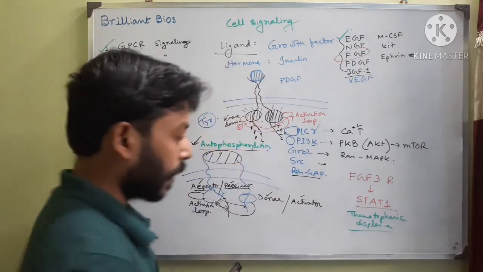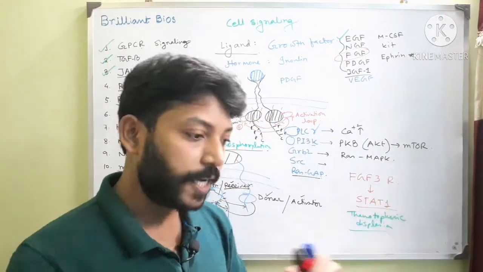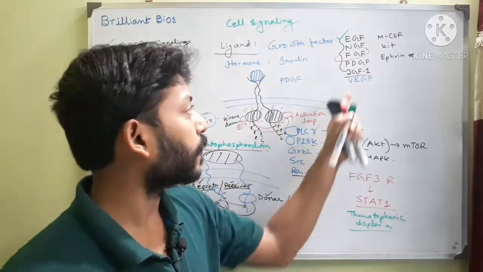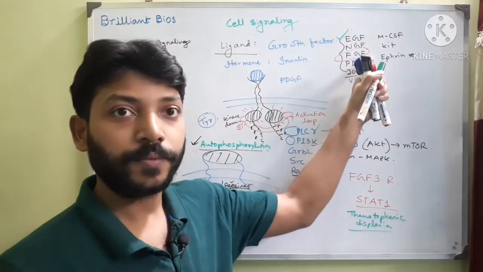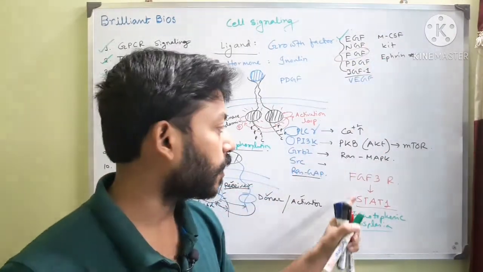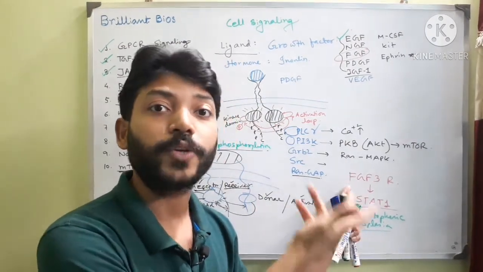Dysplasia. What happens? If there is any mutation in the FGF3 receptor, it gets activated in the absence of FGF. In the blood or the serum, maybe there is no FGF, but if there is a mutation in this FGF3 receptor, then the receptor is always active.